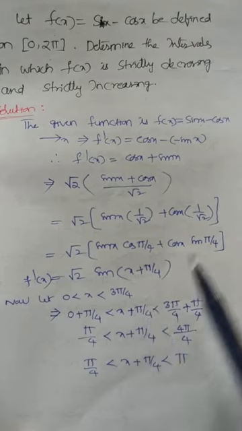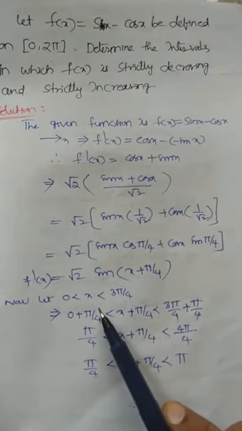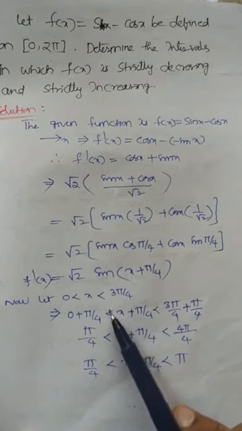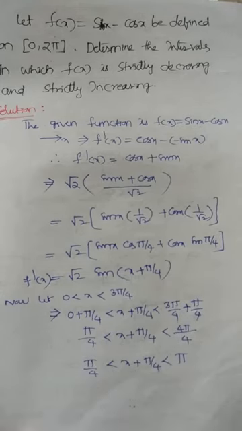Our domain is 0 to 2 pi, so we can take x in this interval, so that x plus pi by 4 is always between pi by 4 and pi. In this range, the sine function is always positive.